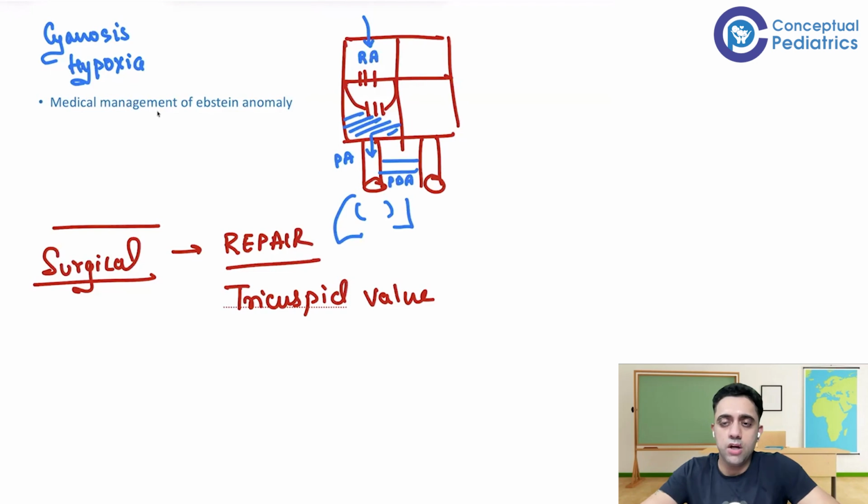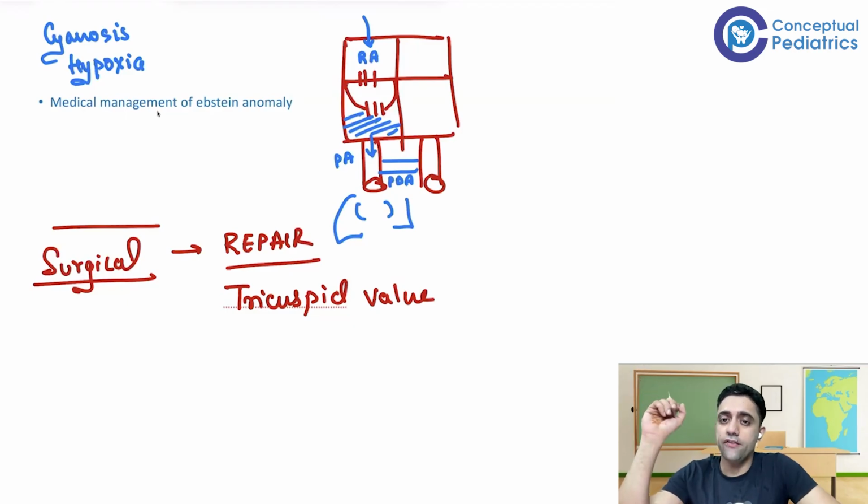Now we all know normally blood goes from right atrium to right ventricle to pulmonary artery and to lungs. Here the problem is the right ventricle does not have that much pressure to push the blood into the pulmonary artery. Yes or no? So eventually the blood is not going to the pulmonary artery and the blood is not going to the lungs. So I need to make the blood go to the lungs.